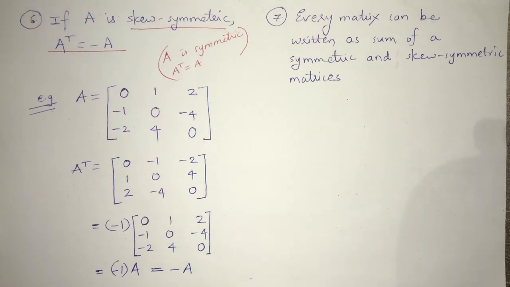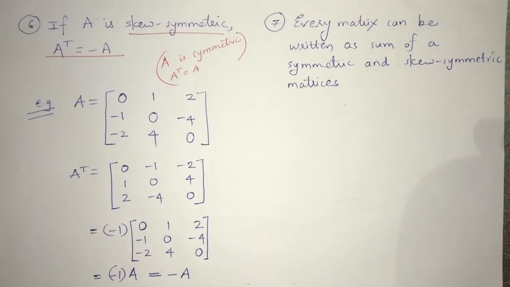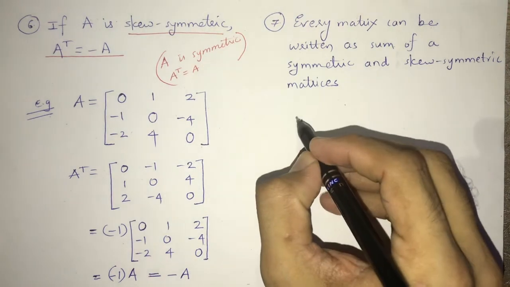Every matrix can be written as sum of symmetric and skew symmetric matrices. Now what does this mean? Let me do this stepwise. Let us approach this property.